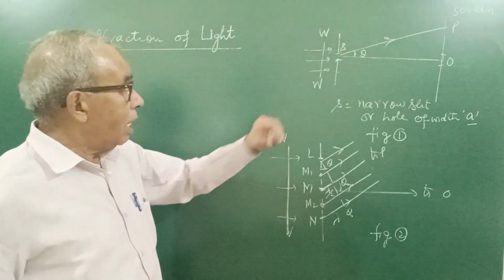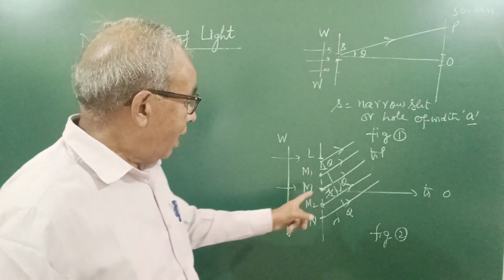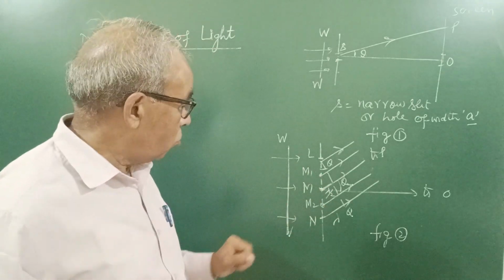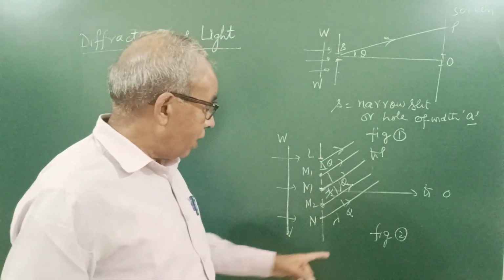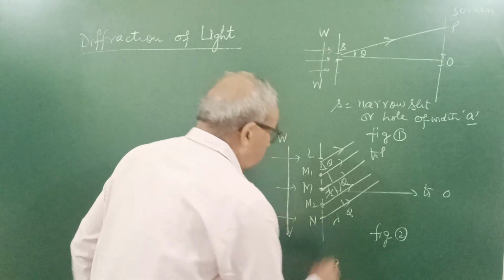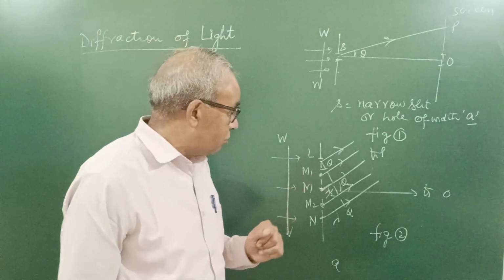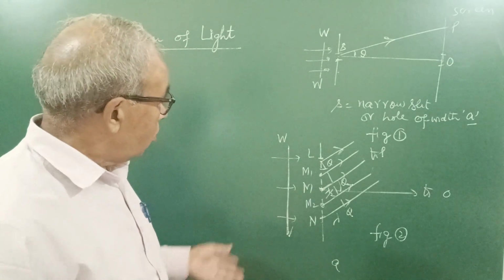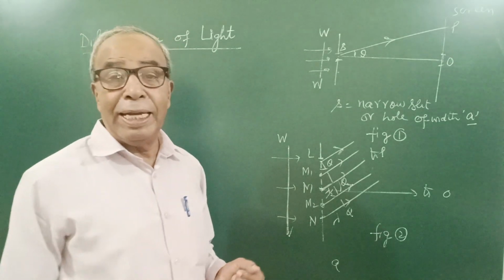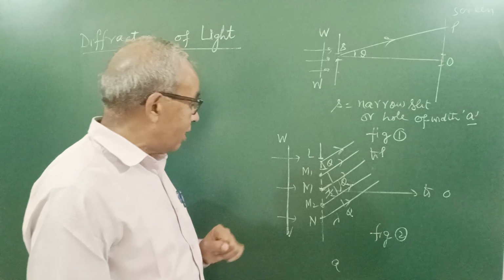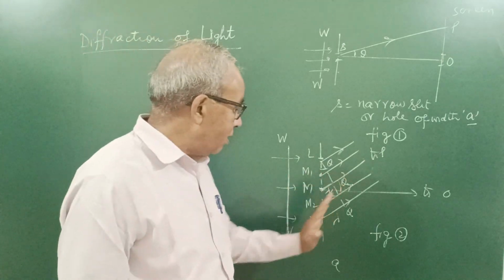LN is the enlarged view of slit. M is the midpoint of slit width a. M1 and M2 are further two midpoints of the two halves. WW is the plane wavefront of monochromatic light. It is incident normally.